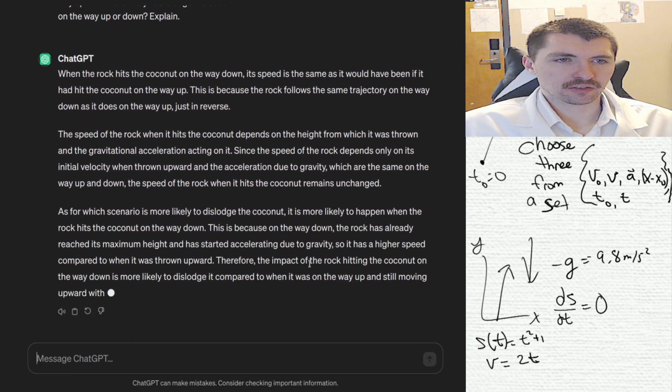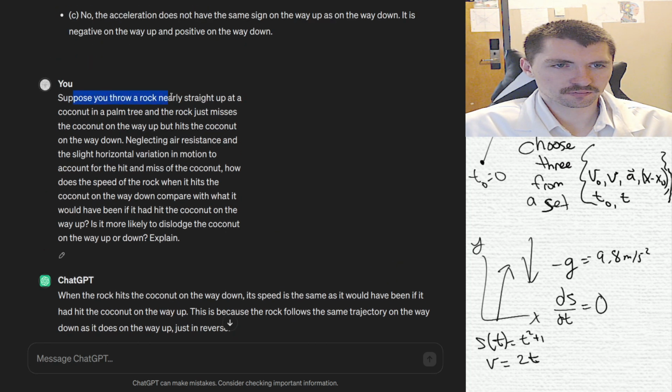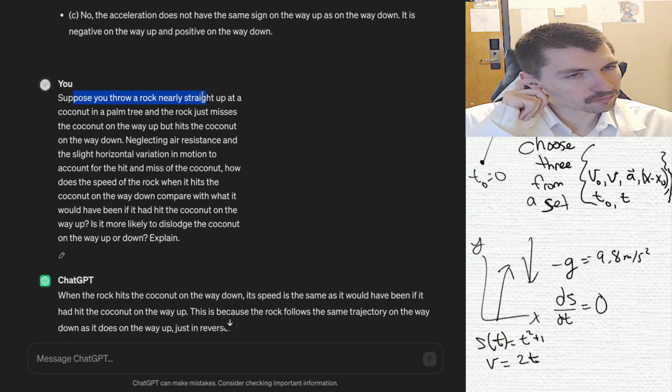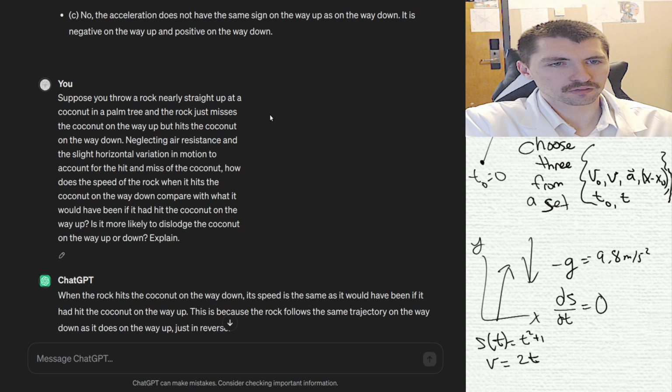When a rock hits the coconut on the way down, its speed is the same as it would have been. Throw a rock straight up to a tree. How does the speed of the rock when it hits a coconut?